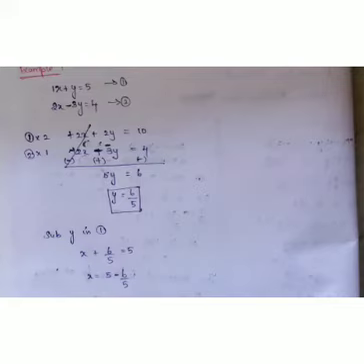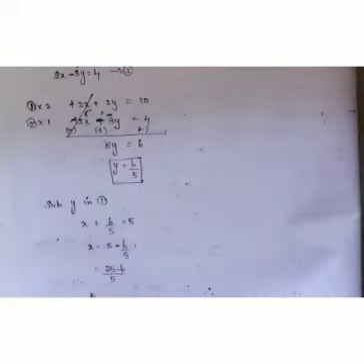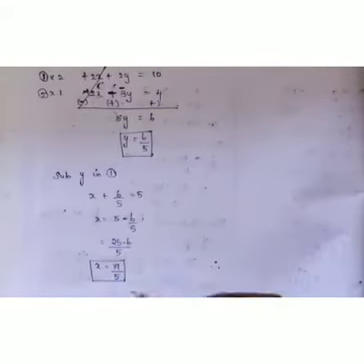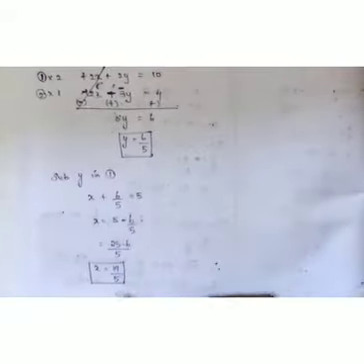Cross multiply, 25 minus 6 by 5. So x is equal to 19 by 5. So I got the x value and the y value. So this pair of equations has one solution, a unique solution.